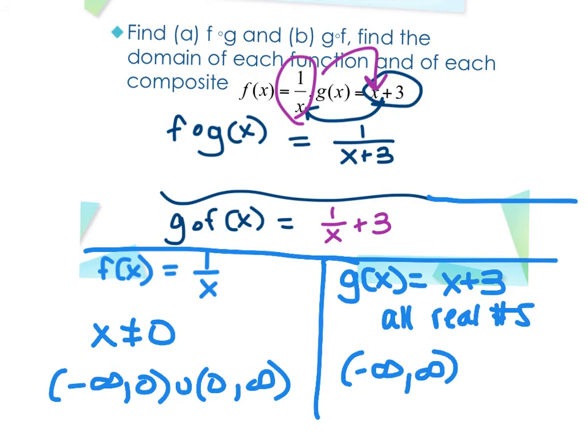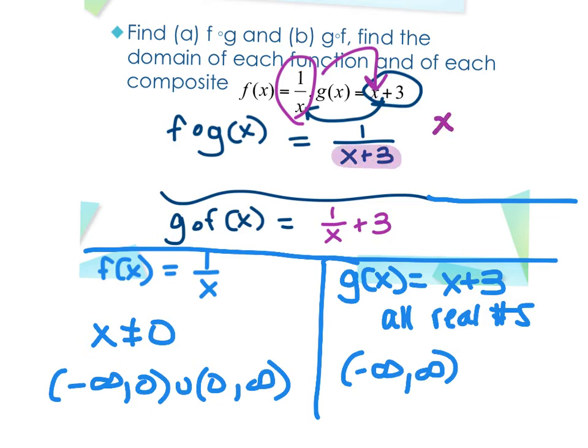Then go back up and find the domain of the composite function. So from 1 over x plus 3, is there a restriction? This can't equal 0, right?